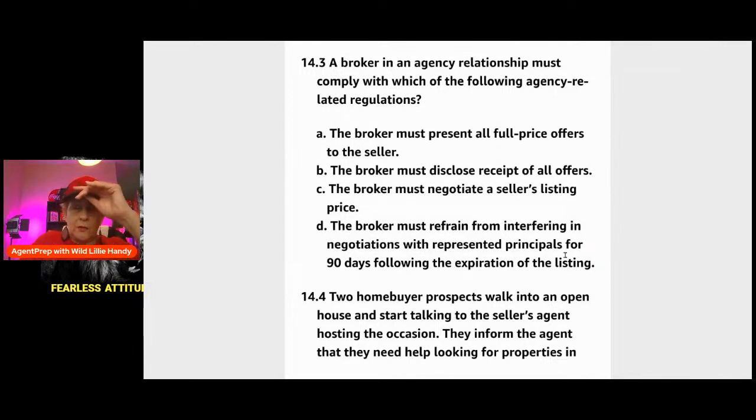Let's say the seller is not available. We're going to call the seller, leave a message, and then they'll call us back. But we call and we inform them, okay? We disclose that we have an offer, no matter what kind of an offer it is. And then we'll either meet in person or review it over a phone call, over a Zoom call, or share it online, and they will review it and make a decision.